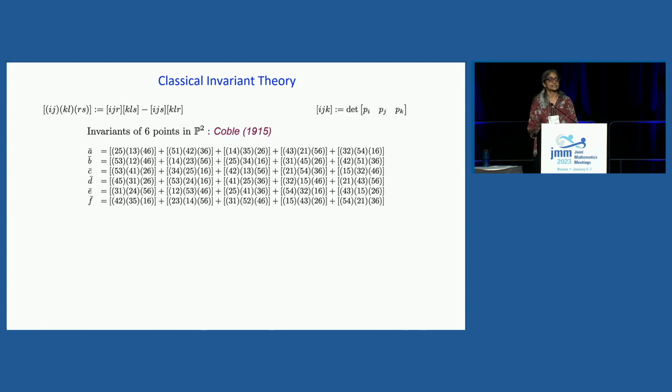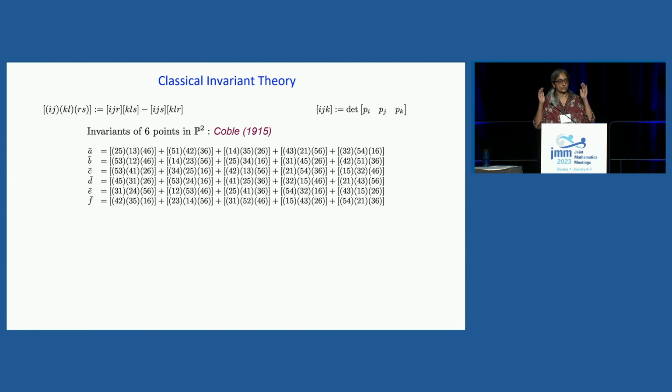And now here are 6 classical invariants of 6 points in P2, okay? You can see this, for example, in the book of Coble or in the articles of Coble from 1915. And these invariants have a lot of stories around them. They are related to what are called the Joubert invariants of 6 points in P1. Each one of these expressions you see is a number, right?